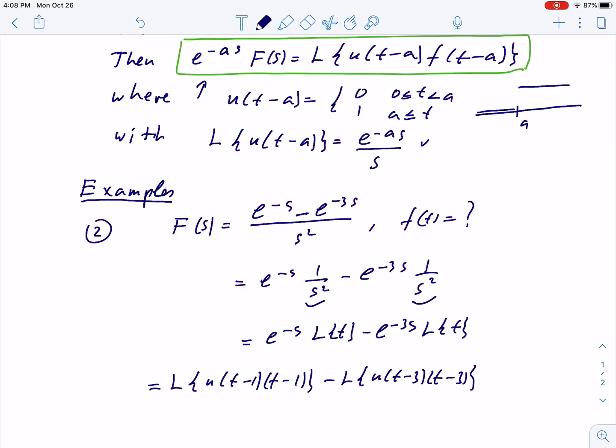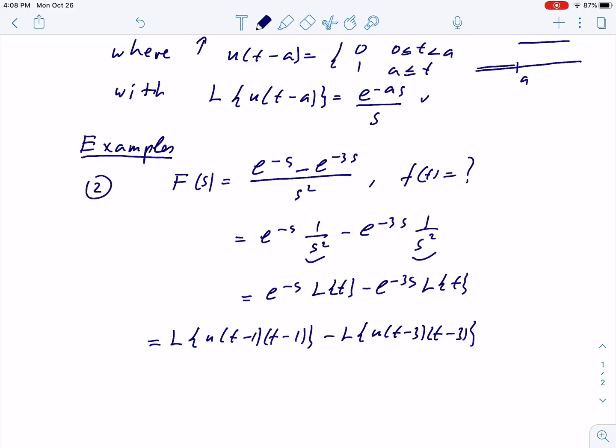So that's how we invert the two terms, and now we collect everything in one place inside one single L: u(t minus 1)(t minus 1) minus u(t minus 3)(t minus 3).